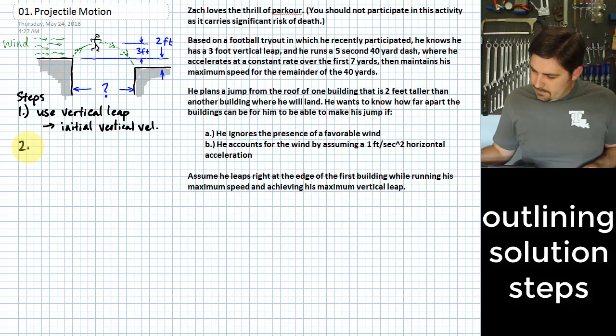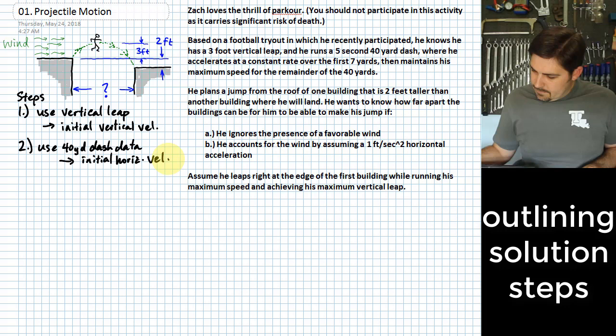Because fundamentally, this is a projectile motion problem, and to do a projectile motion problem, often what you need is some initial velocity data. That's what we're trying to get. The next step is to use the 40-yard dash data to get the initial horizontal velocity.